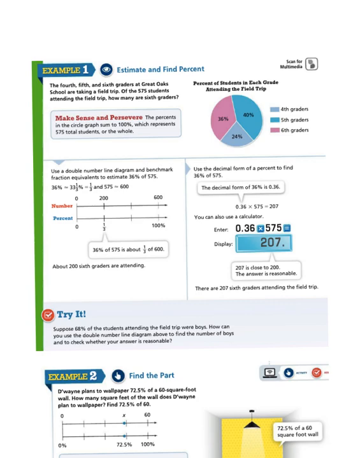So we can do this using a double number line diagram and a benchmark fraction equivalent to estimate 36% of 575.